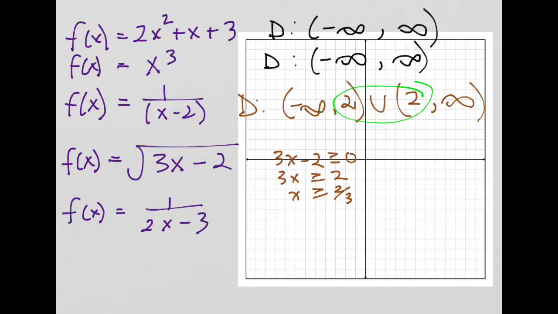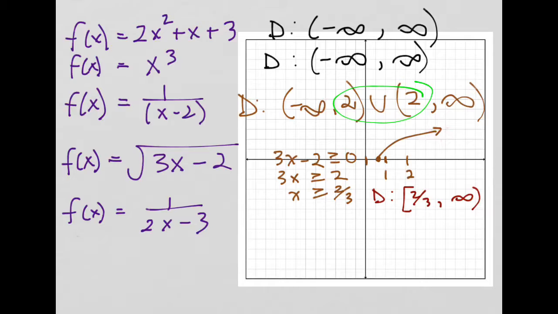So your dot, let's say this is 1, this is 2. So your dot is going to be at 2/3, and your square root function is going to be shaped like this. All right? So that's your square root function. So if I want to represent my domain, I'm going to say my domain starts at 2/3 square bracket and goes to positive infinity. Arrowhead represents positive infinity. All right? So we're going from 2/3 to infinity.